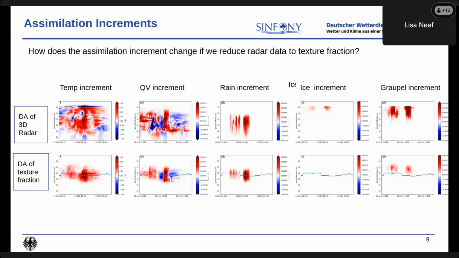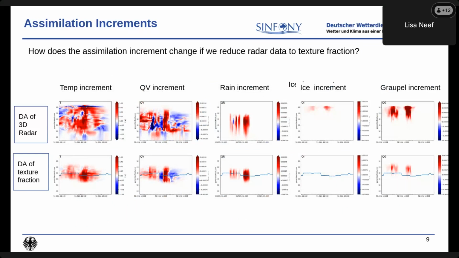And the texture fraction observations, they're kind of the meat of the sandwich, if you will. They take sort of the central part of that, but leave out the vertical extent of it.